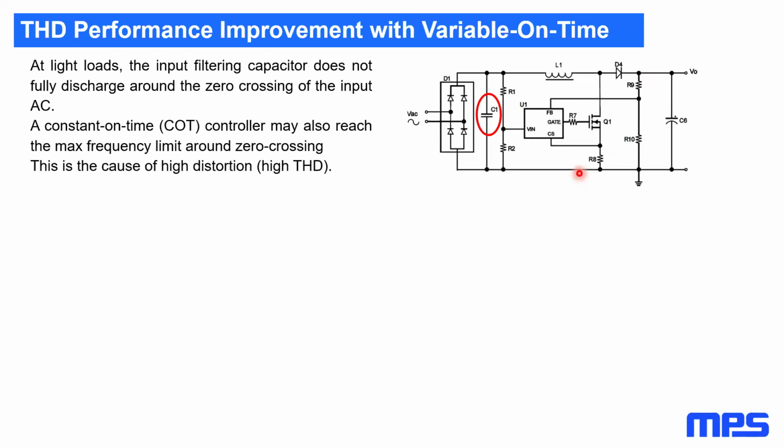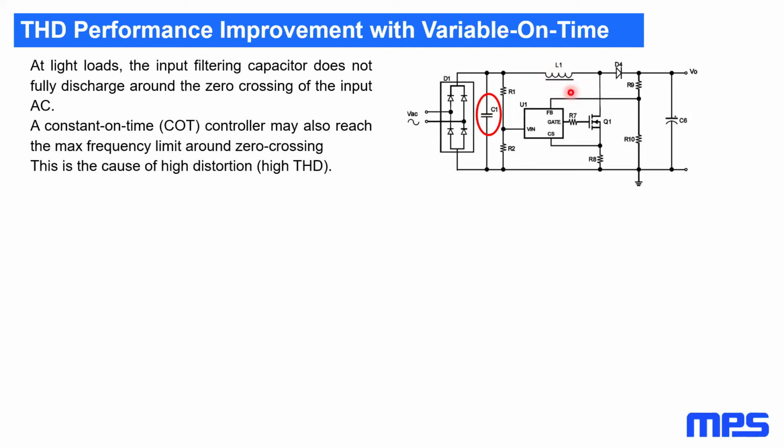Another improvement to the basic control methods comes from this input cap that I'm showing here. First of all, this input cap is needed because the current in the inductor, as we saw, has a high frequency component.